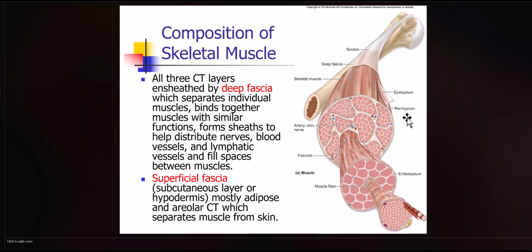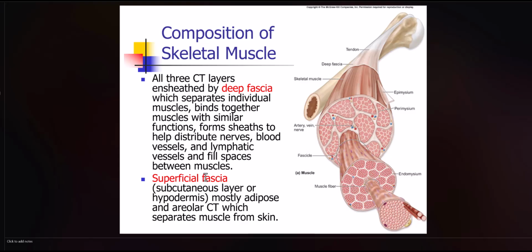Well, in this picture, I mentioned the deep fascia. If there's a deep fascia, there must also be a superficial fascia. And you already know the term superficial fascia. It's not shown in this particular image, but you'll see it in future images. But you already know the superficial fascia by the name subcutaneous layer or hypodermis.